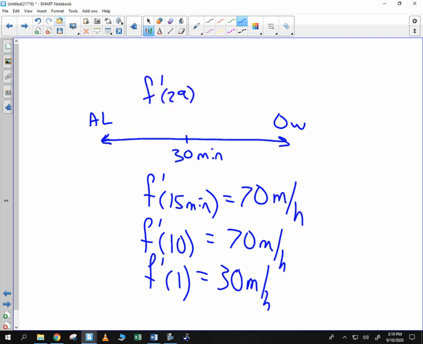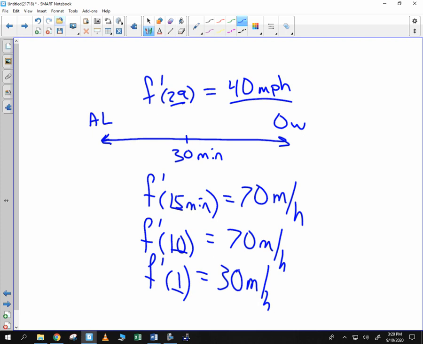Well, that's where I'm coming into Owatonna, and I'm maybe driving by the bank, and I'm going at, say, 40 miles per hour. So it's telling you what your rate of change or what your speed is at a specific time. That is what a derivative does. Instantaneous rate of change at a specific time.